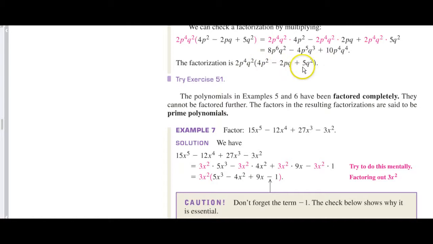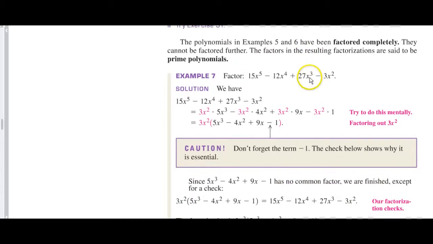So what's in the parenthesis now has been factored completely. It is a prime polynomial. And this is what we factored out of each term. And that's what you'll be doing in your practice and in your quiz to indicate you've mastered this.